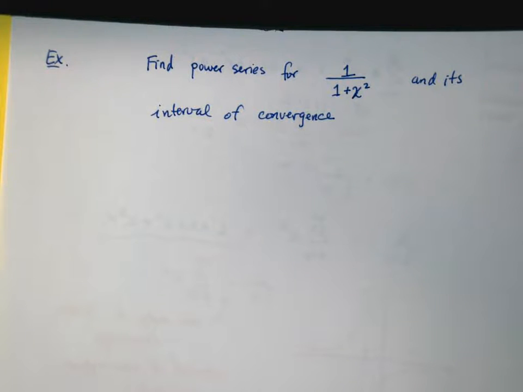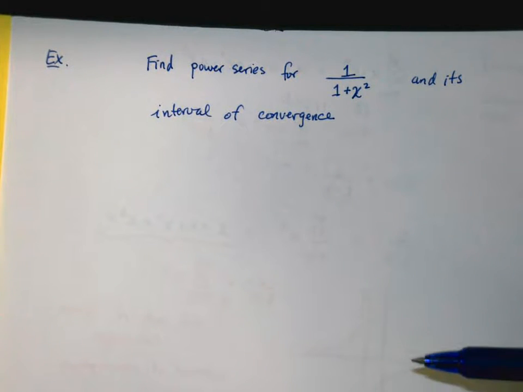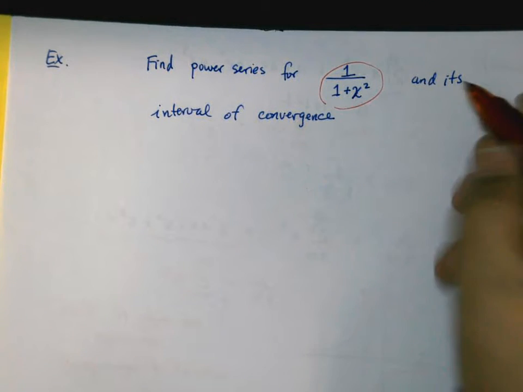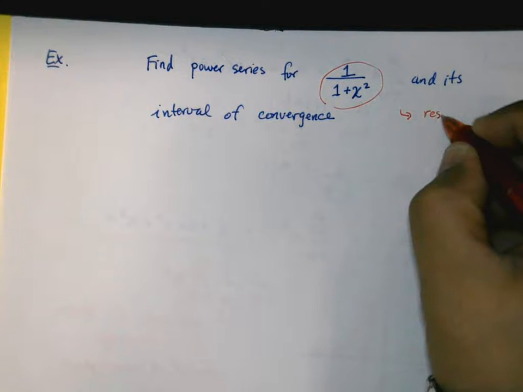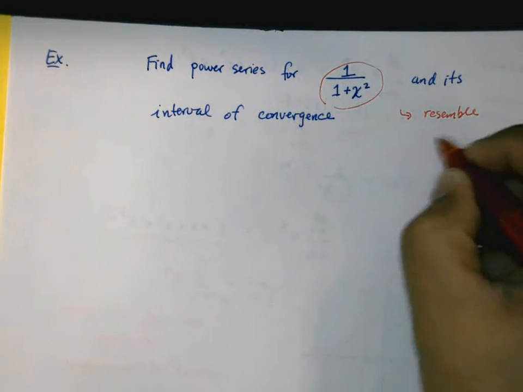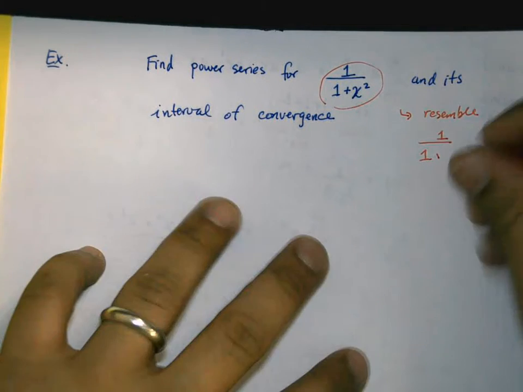Now we will look at an example here of finding a power series for this particular function and also its interval of convergence. One of the main ideas here is to try to get this expression to resemble 1 over 1 minus r.